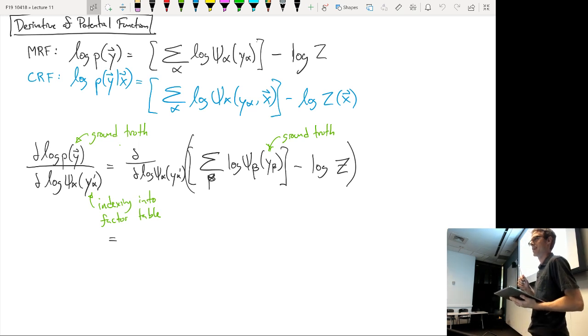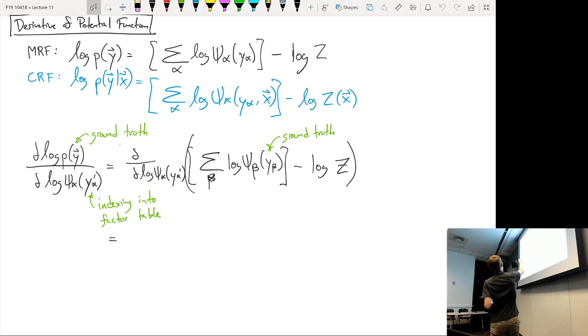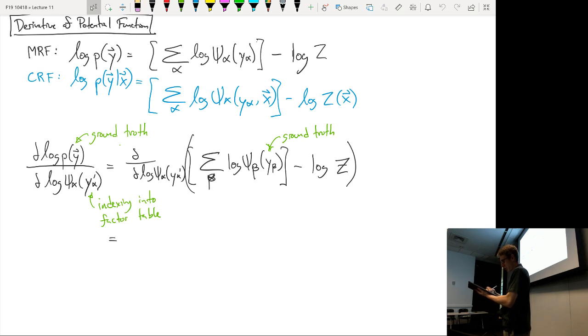Have an idea? The ground truth is 1. Well, it's not that the ground truth is 1, it's that the ground truth, y beta, needs to equal y prime alpha for alpha equal to beta. So we could write this as a little indicator function, just saying that the derivative is going to be value 1 if and only if the ground truth, y alpha, is equal to the thing that we're taking the derivative with respect to, which is y prime alpha.